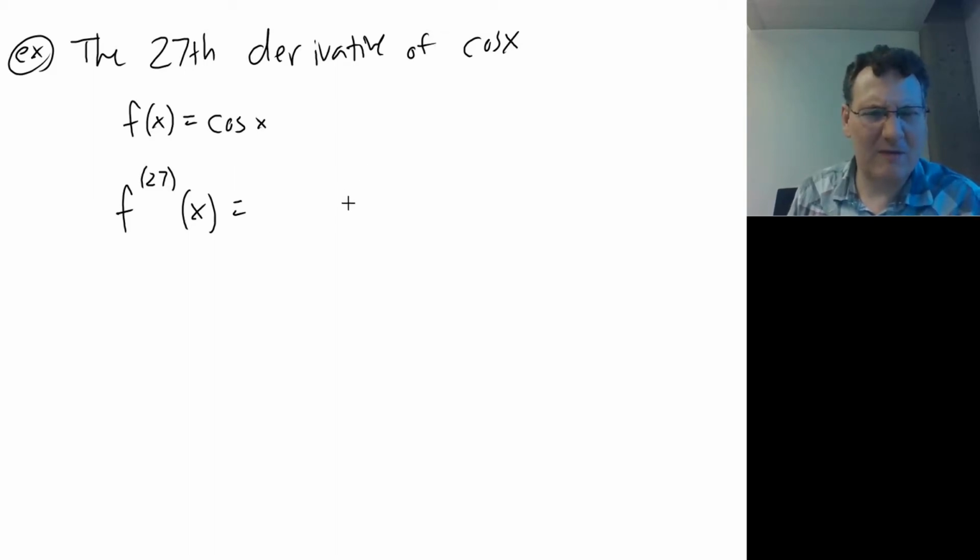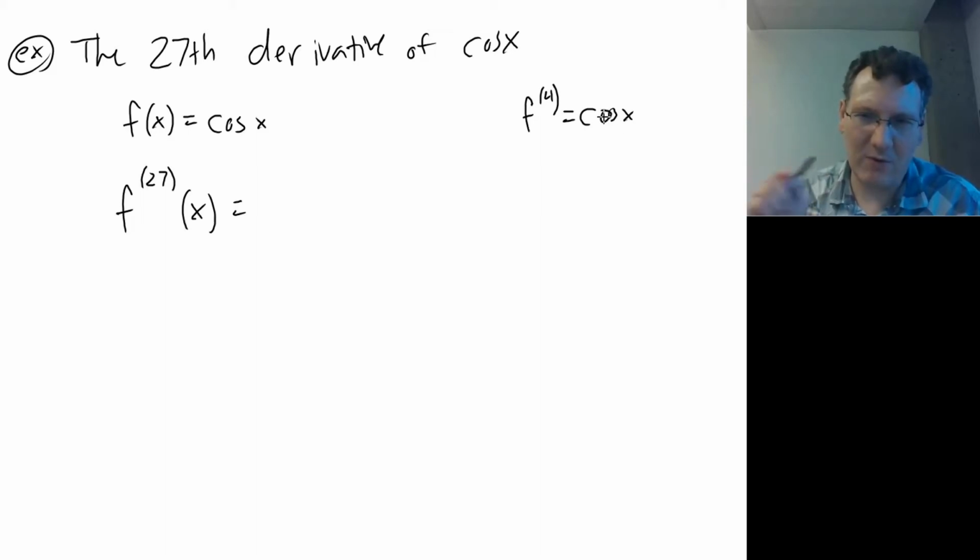in blocks, sort of. Like if you realize the cosine of x, the fourth derivative is actually cosine of x again. So every time you do 4 derivatives, you're back at cosine of x.